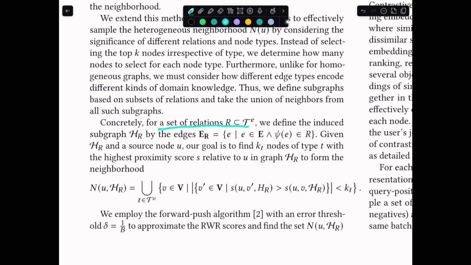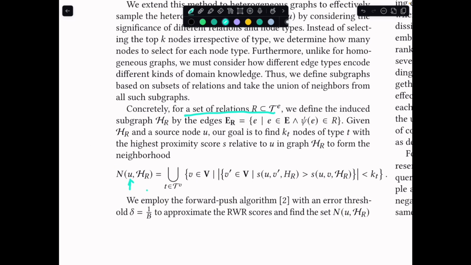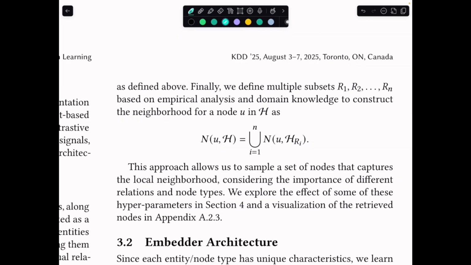This says that they want to get the graph neighbors for this node U, and when looking at edges, we only look at a subset of edges where the edge type belongs to R. This gets all the graph neighbors where they form edges only within the edge type R. Essentially, they define subsets of edge types R1, R2 to Rn, and eventually union all the edge type subsets.